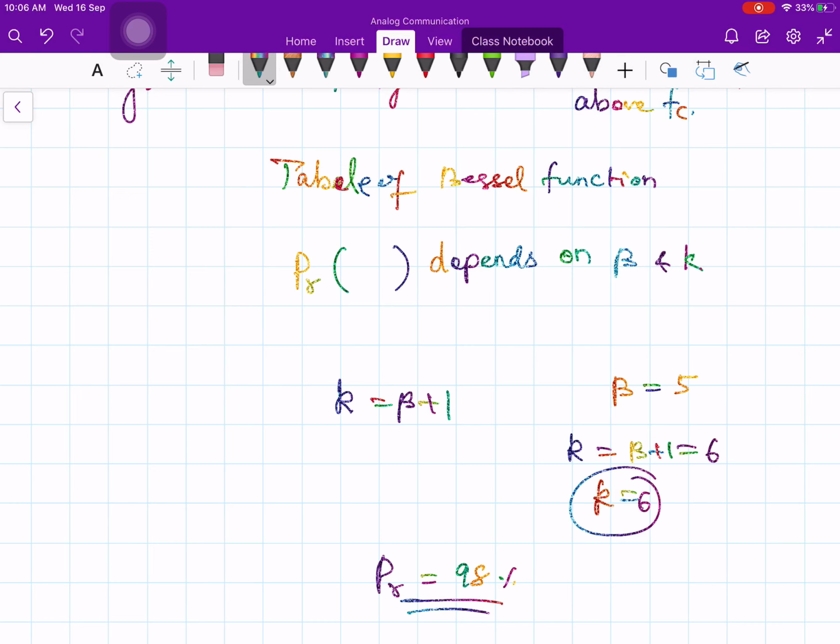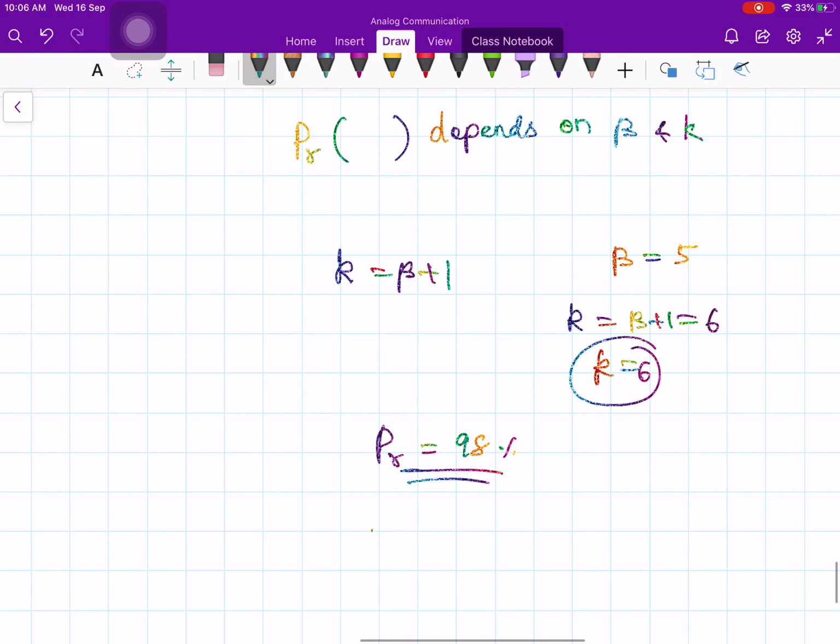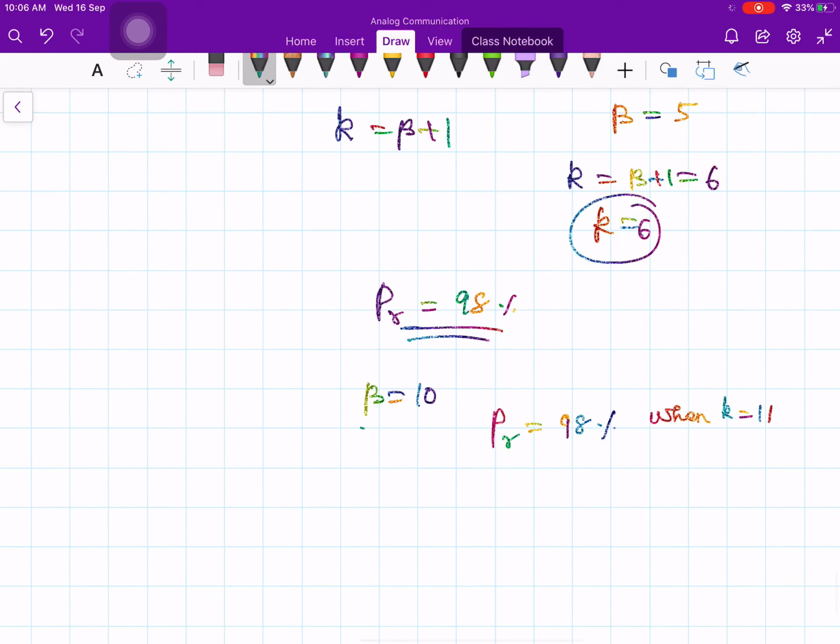In case you choose beta equal to 10, then your PR contains 98% of the power when k is equal to 11. That means when beta is equal to 10, you need to consider only 11 components in the upper side band and 11 components in the lower side band. No need to consider an infinite number of side bands.